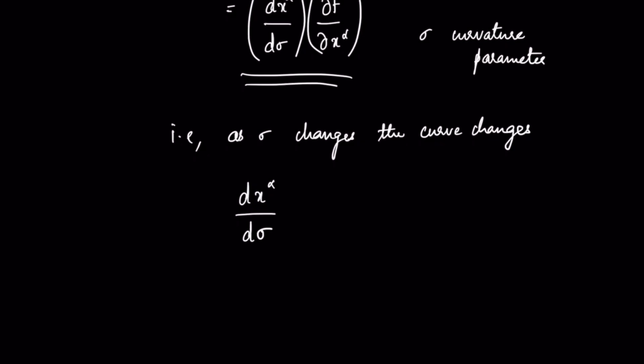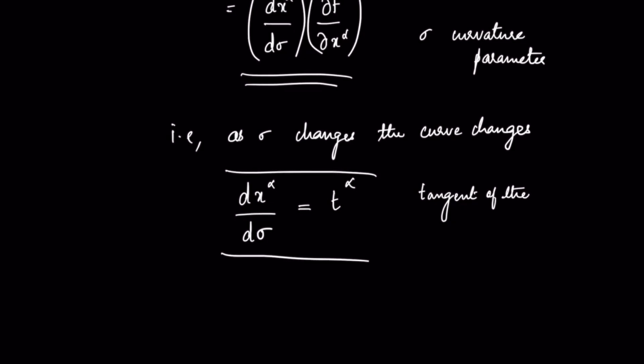This quantity can be written as, I'm just denoting it as d alpha. And this quantity is called the tangent of the curve.